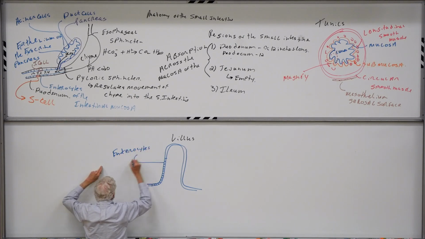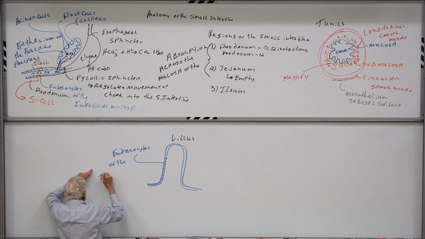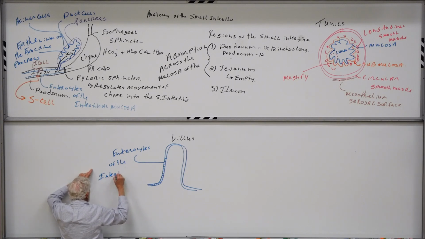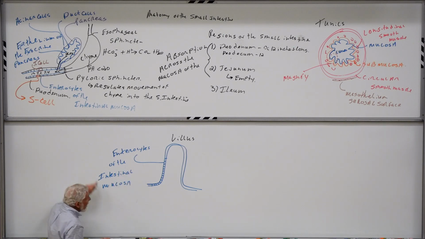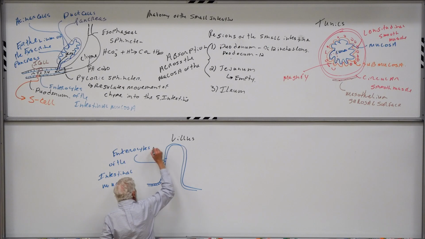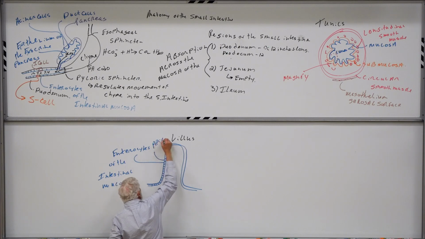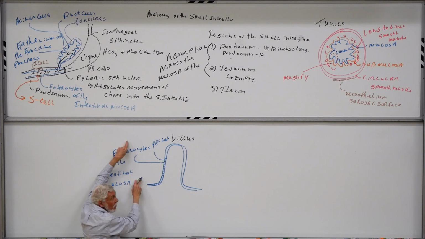We can say these are the enterocytes of the intestinal mucosa. These are classic enterocytes in that they have an apical surface. The apical surface now faces the lumen of the intestine.